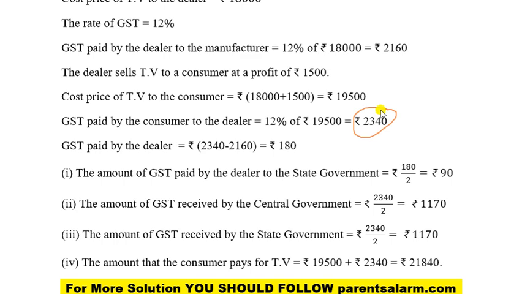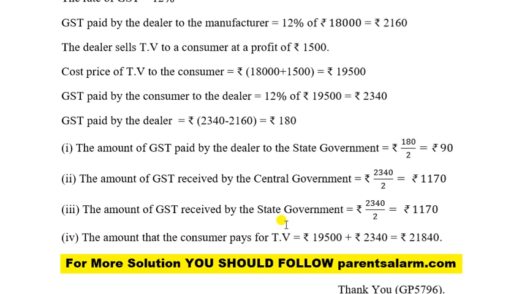Now half of this amount, that means half of 2340, will be received by the central government and half by the state government. At the same time, I wrote here the amount of GST received by the central government is 1170, half of 2340, and the amount of GST received by the state government, 2340 by 2, that means 1170.